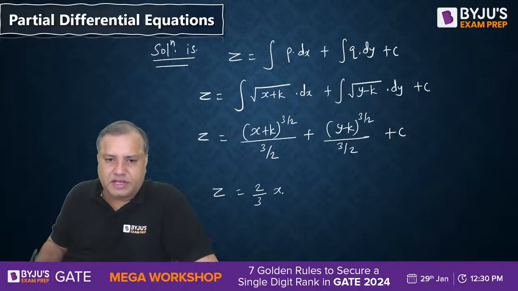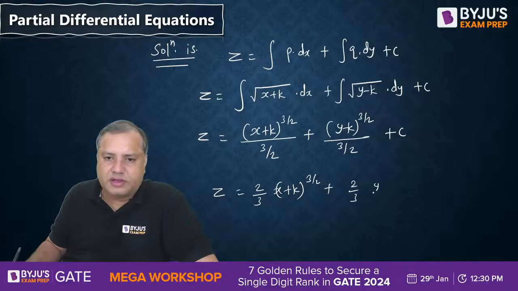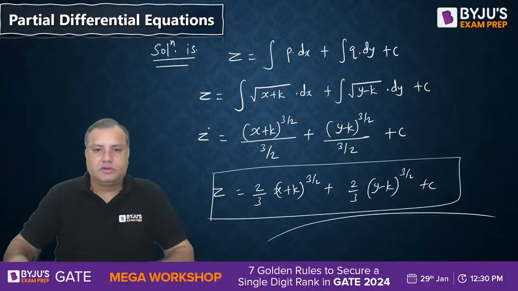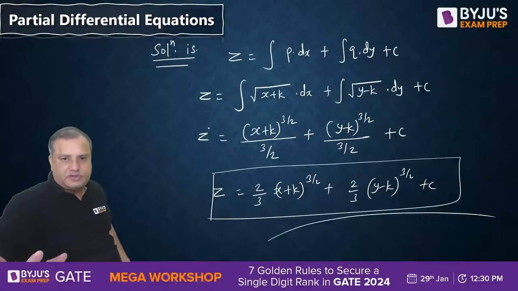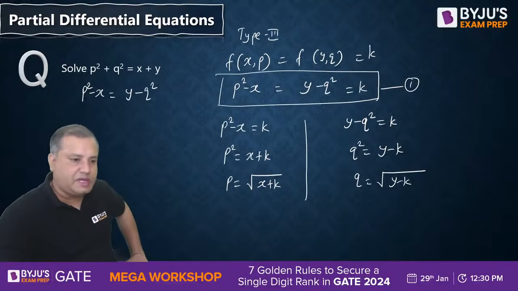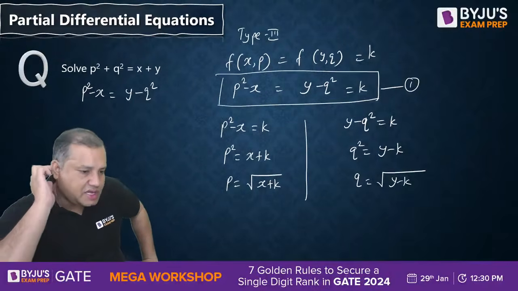So 2 by 3 x plus k to the power 3 by 2 and 2 by 3 y minus k to the power 3 by 2 plus c. This is the final answer. And in this question, I want you to approach for type 3. Identify type 3 and solve.